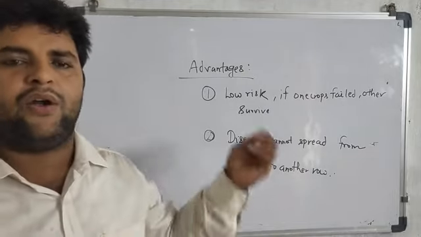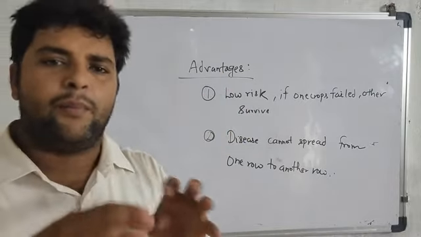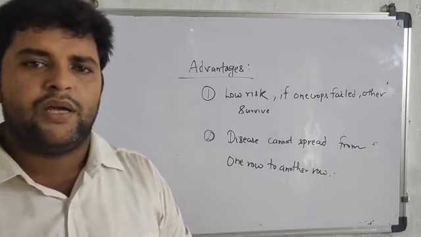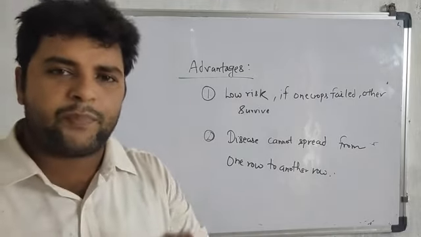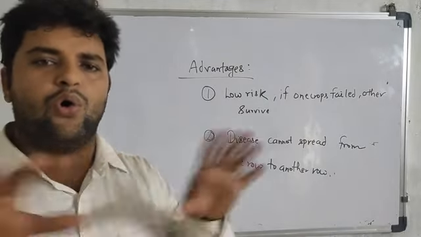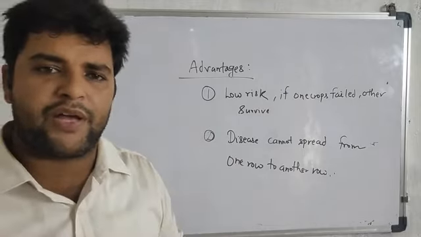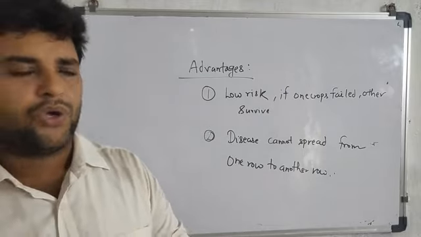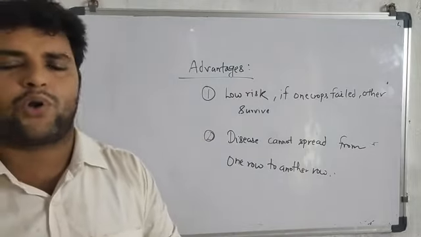So whenever a particular pathogen spreads all over the soybean, all the soybean is going to be damaged, but that pathogen will not attack the maize, so the whole maize is safe, and it will survive for the next season. So all these are about the various types of cropping patterns.